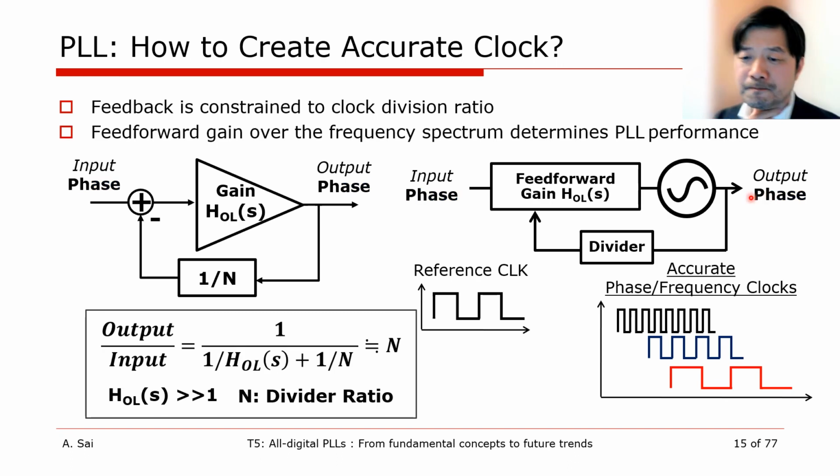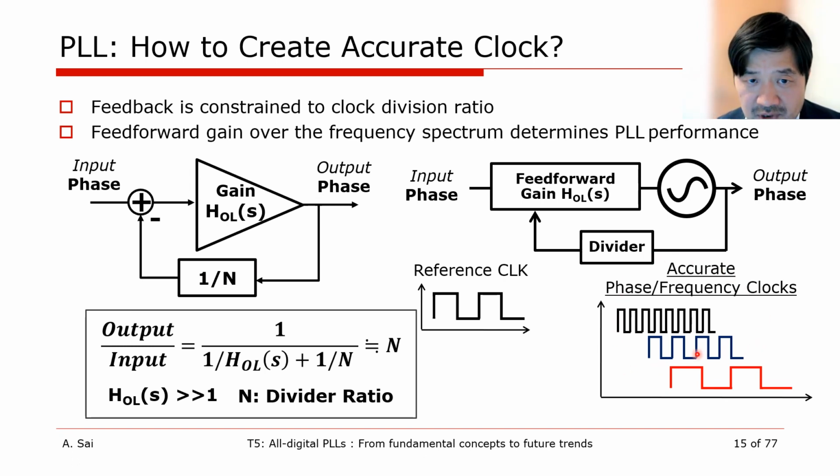However, this is only possible if a high gain and low noise feed-forward gain can be realized in the phase domain, not voltage domain. When realized in the phase domain, the feedback factor becomes the frequency division ratio. And by changing this, a clock with any frequency can be obtained.